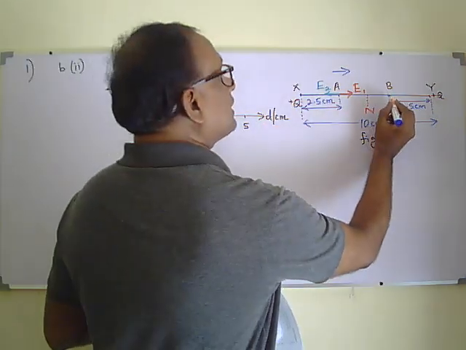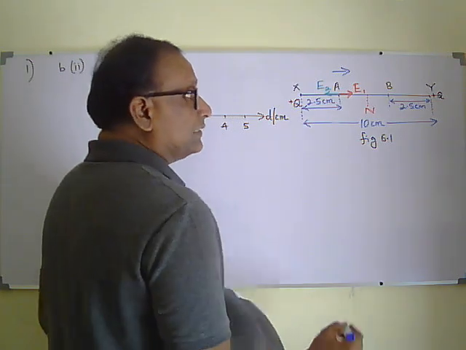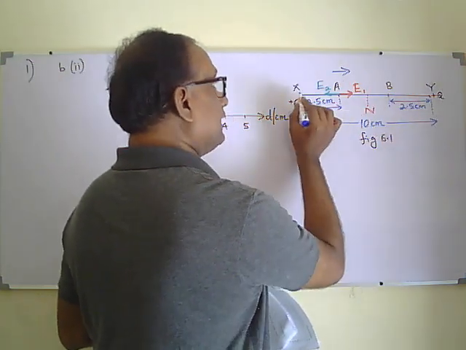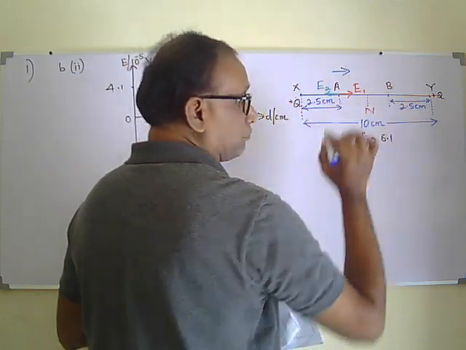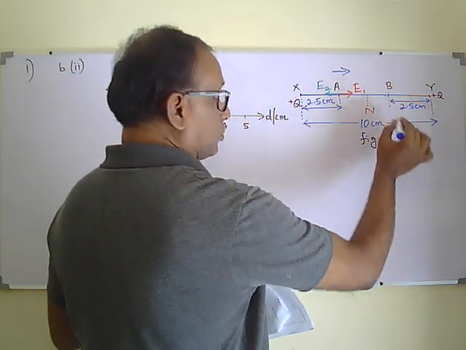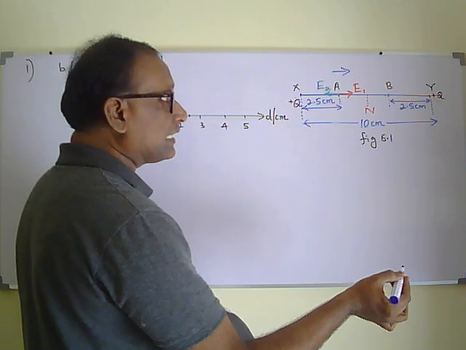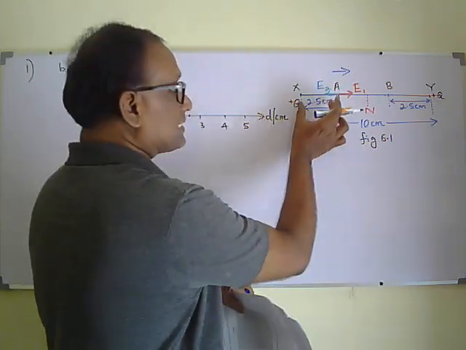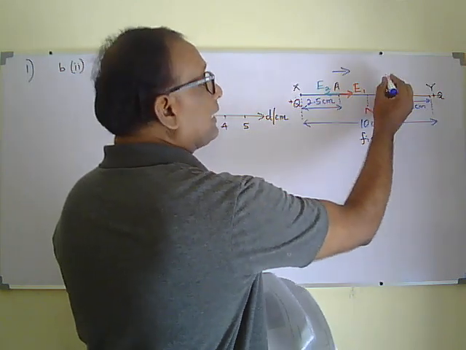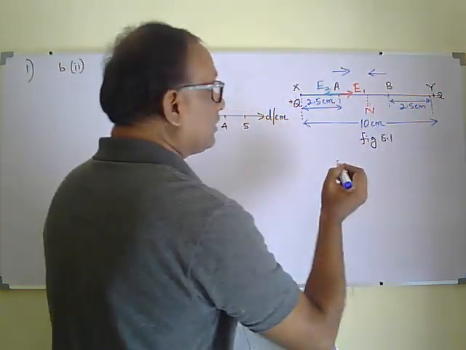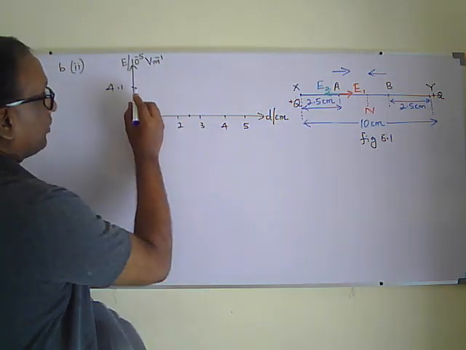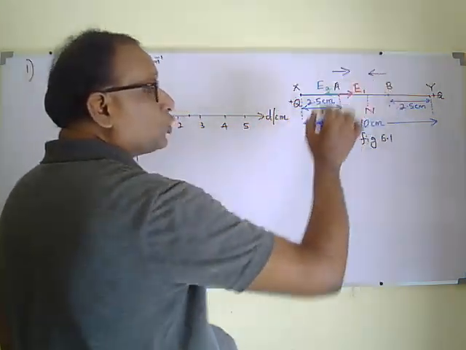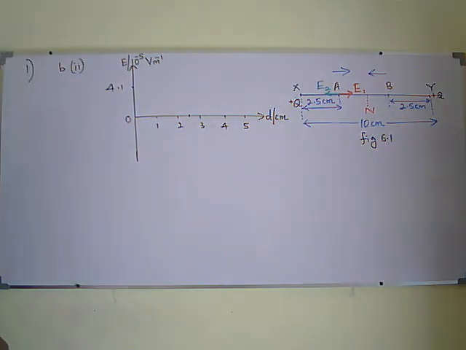Same way, when you consider point B, the electric field strength due to this charge will be larger than the electric field strength due to this charge at B. So at B also, the magnitude of the electric field strength will be the same as at A because distance is same, but it's going to be towards left. The graph is starting from positive, that means we are taking towards right. Positive means towards right, so towards left should be negative.